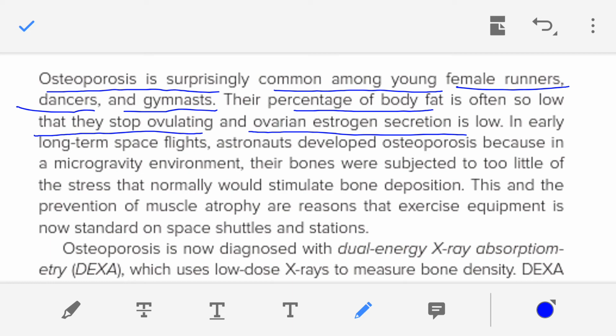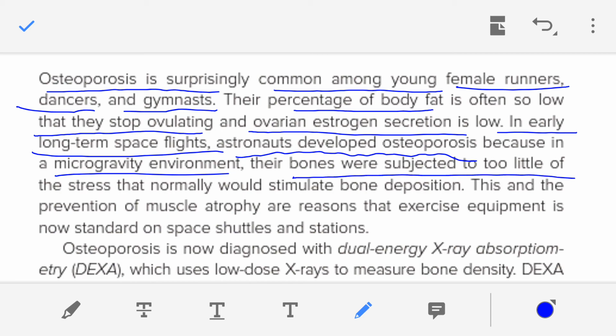Now, in early long-term space flight, astronauts develop osteoporosis. Astronauts who go into space for their research are also developing osteoporosis. The reason is microgravity. In space there is very little gravity, so their bones are not getting enough stress, and due to that astronauts develop osteoporosis.